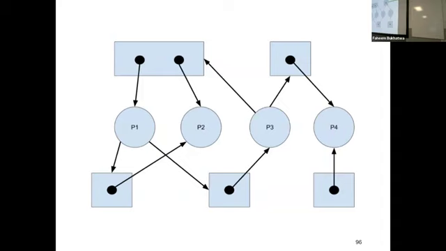Let's assume these resources are 1, 2, 3, 4, 5. Process 2 has resource 3 and resource 1. Yes, it can finish. So when it finishes, it will release this and release that.